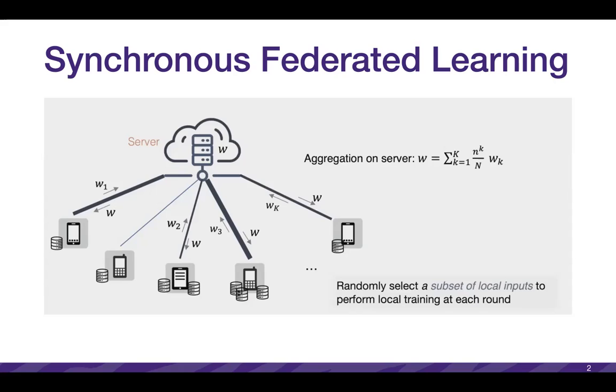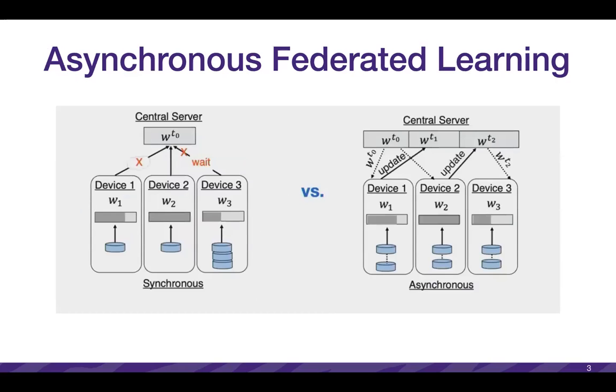And also, when there are some stragglers, for example, some slower clients in the system, synchronous federated learning cannot perform well. So based on synchronous federated learning, some researchers have proposed asynchronous federated learning.